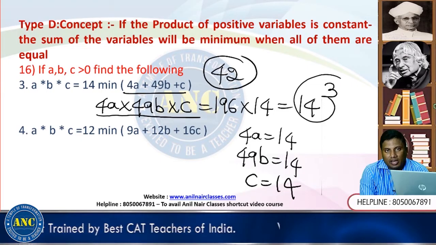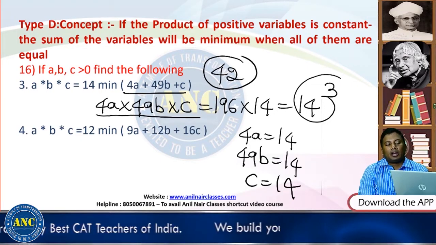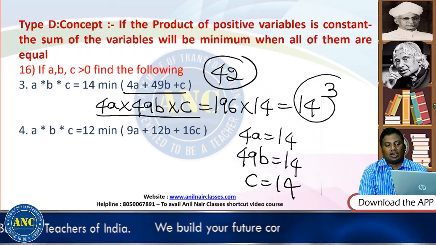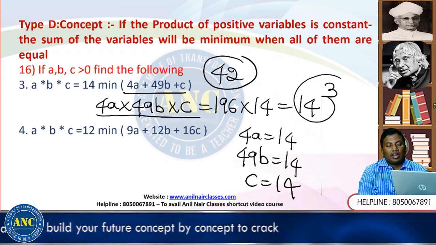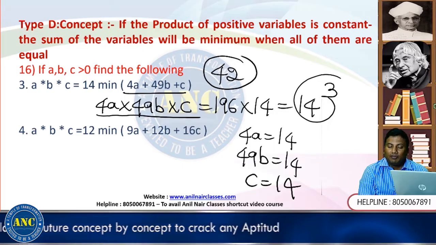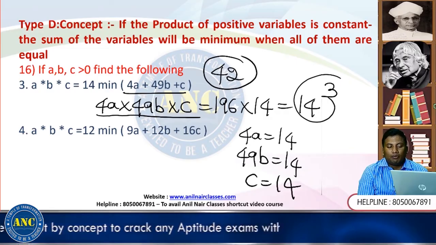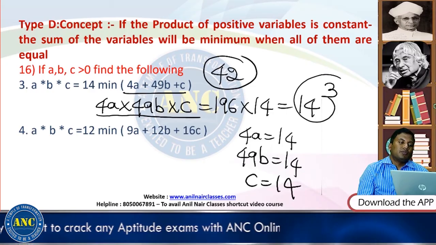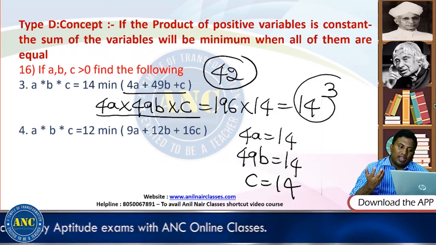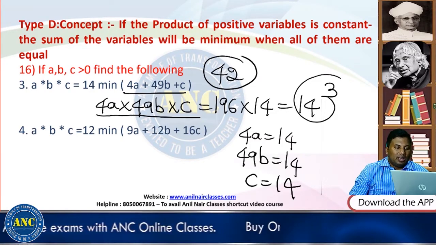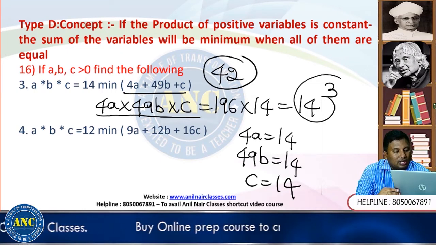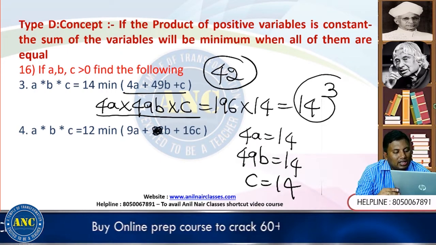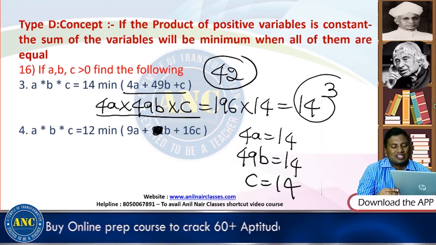Sum of these variables is minimum when the product of the variables is constant. 4a into 49b into c is 196 into 14, which is 14 cube. 14 cube means each value should take 14. 4a is 14, 49b is 14. Right? So you make these only as b, otherwise unnecessarily irrational values you will get.